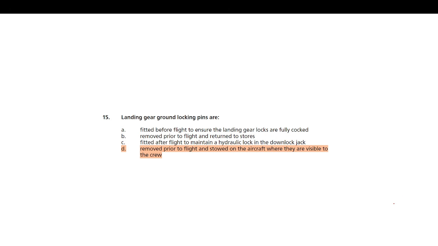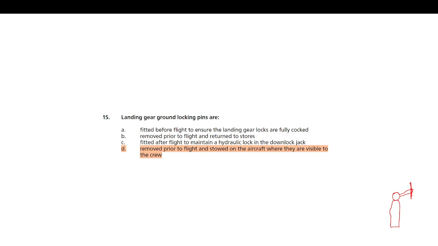Landing gear ground locking pins. See, we have landing gear locking pins and it has flags. So it is inserted at such mechanical points in the landing gear that once it is fitted into the system, landing gear cannot be retracted.